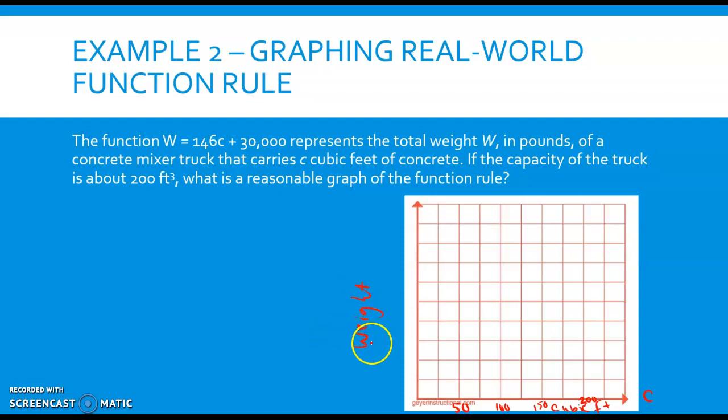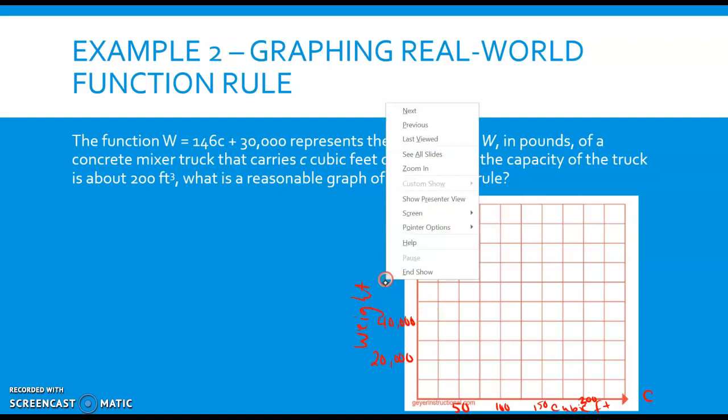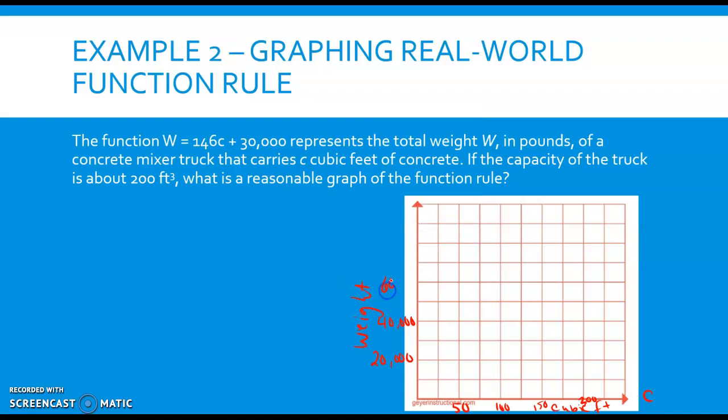And I'm going to count those by 20,000s. Actually, I'm counting them by 10,000s, but every 2 I'm going to put what the 20,000 is. 60,000. All right, so that's how I'm setting up my graph. Now I did this ahead of time, which is why I knew I was going to count by those.